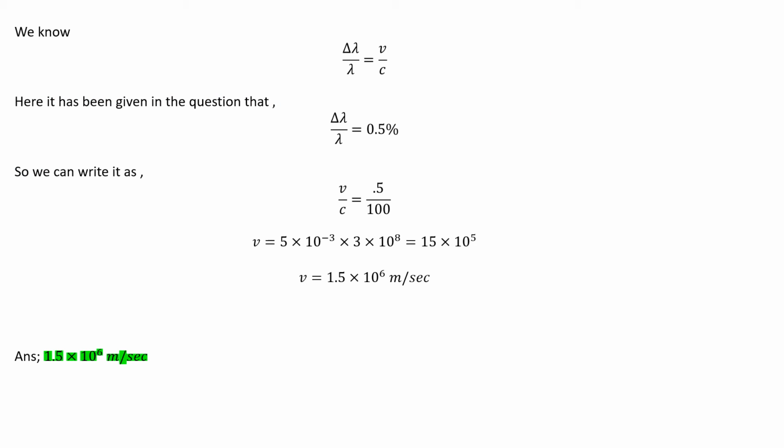We know that del lambda by lambda is equal to V by C, and here it has been given in the question that del lambda by lambda is equal to 0.5%, that is 0.5 divided by 100.